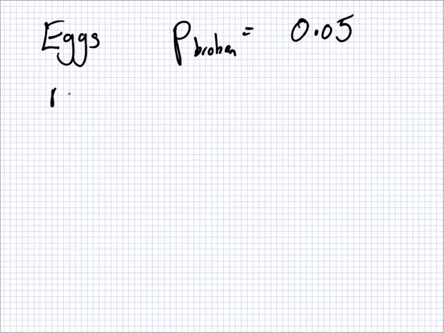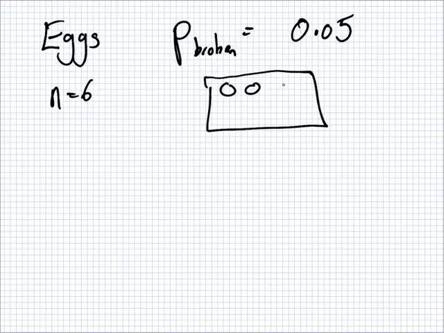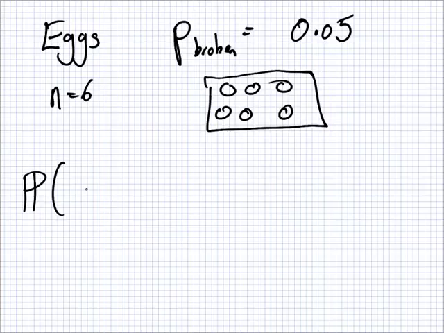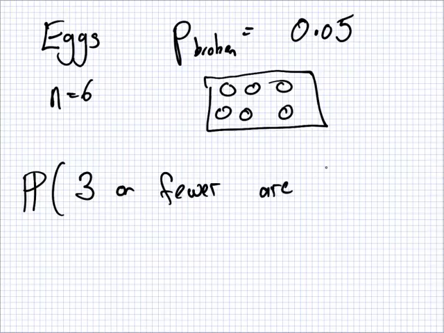So we have n equals 6. So we have 6 eggs. And I want the probability that, let's see, 3 or fewer are broken. Okay, I want you to use the table book and then tell me the answer.